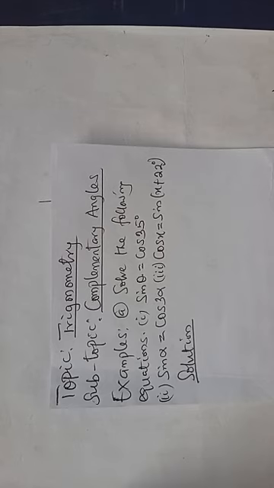Last time we had a class here, we discussed complementary angles under trigonometry. At this point, we defined that two angles are said to be complementary when their sum is 90.